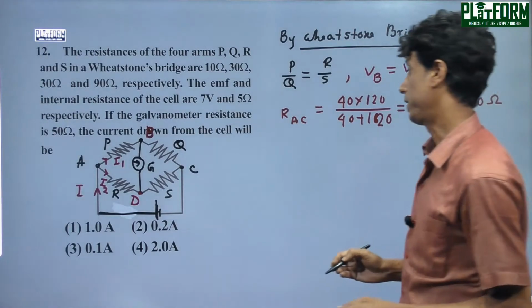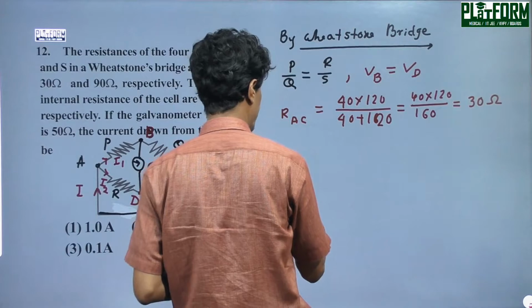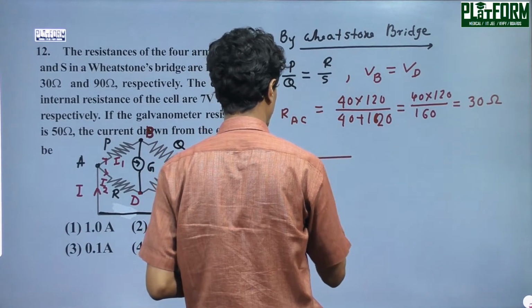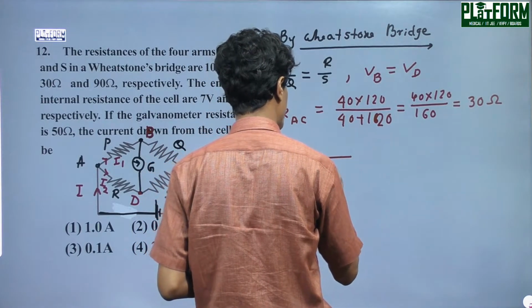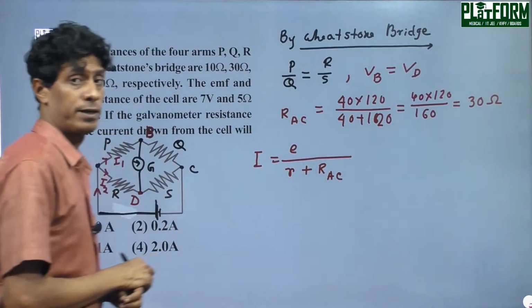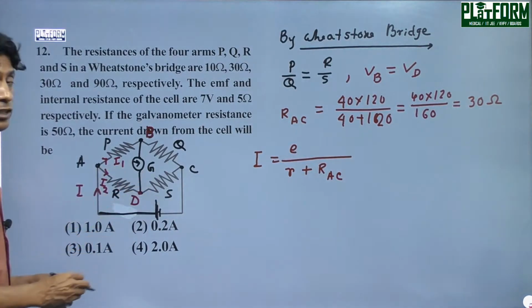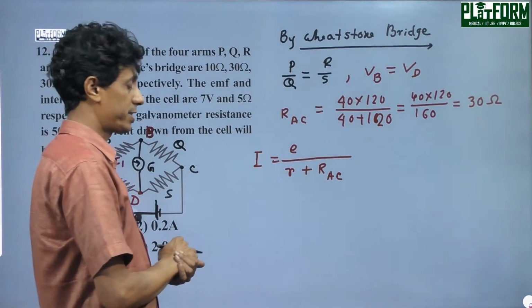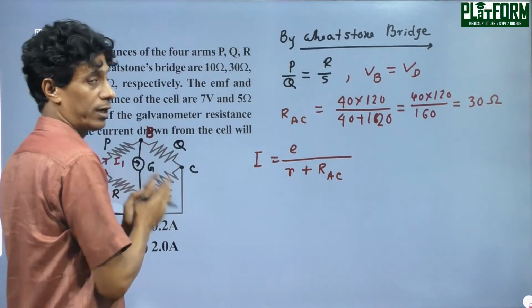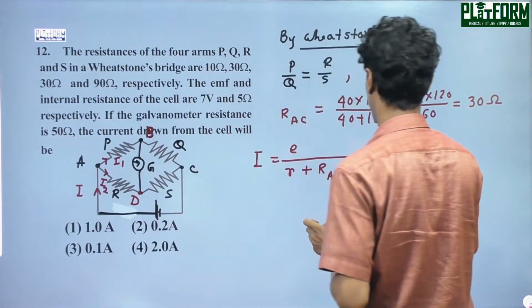So the circuit current I equal to, we can write E by internal resistance plus external resistance. Since the current passing through the cell and through the circuit is the same, we can say that the internal resistance and the external resistance are in series combination, so R plus r.